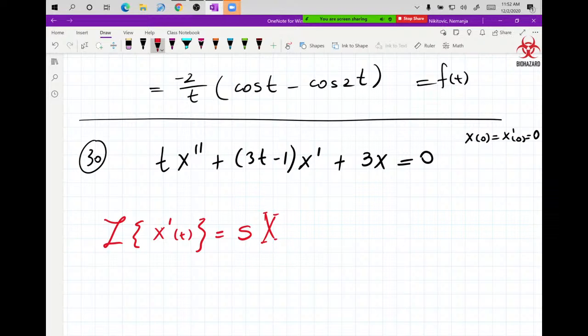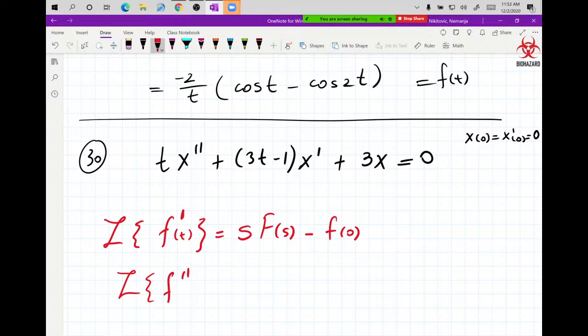We use this with f. Let's put it the way we're used to: f of t, and then s F of s minus f of 0. Now you know your f's are x's in this case. This is the Laplace of the first derivative.